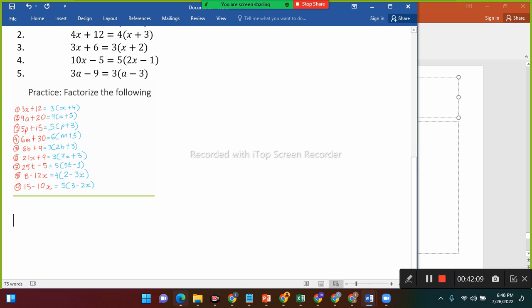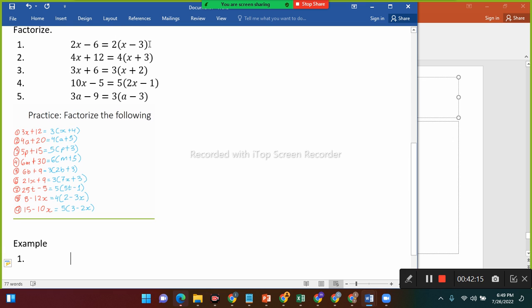So let's continue our factorizing journey. So other examples, if we have, remember this one, we're dealing with two variables, or two different letters.